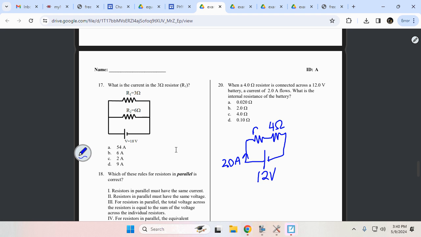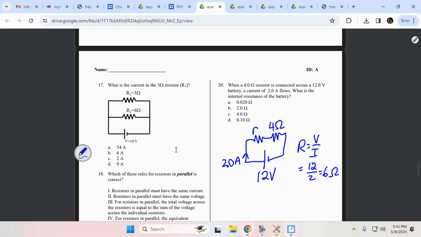Well, what is my resistance to give me 2 amps? Well, R is equal to V over I, so that's 12 over 2, or 6 ohms. So I have a total resistance of 6 ohms. That's why I'm just getting 2 amps. So that means that the internal resistance of my battery must be 2 ohms.